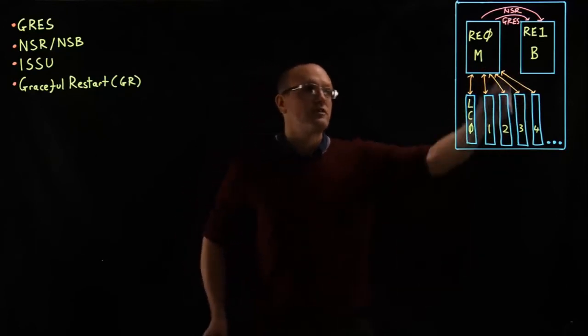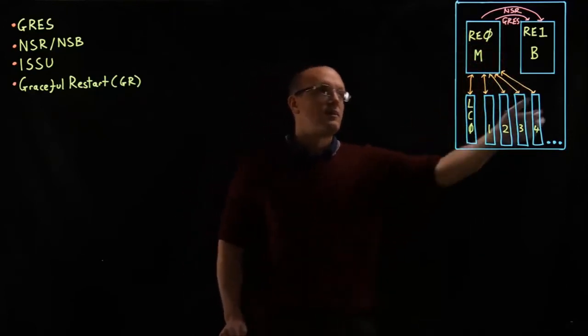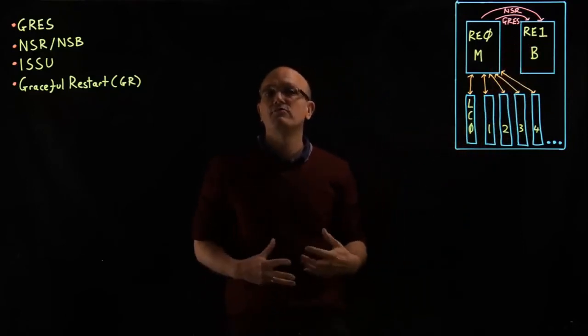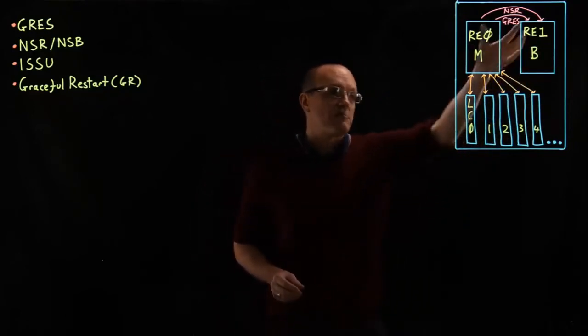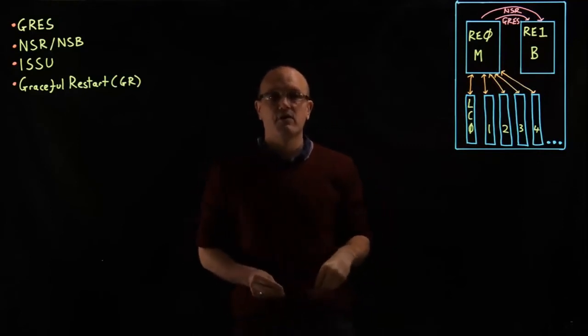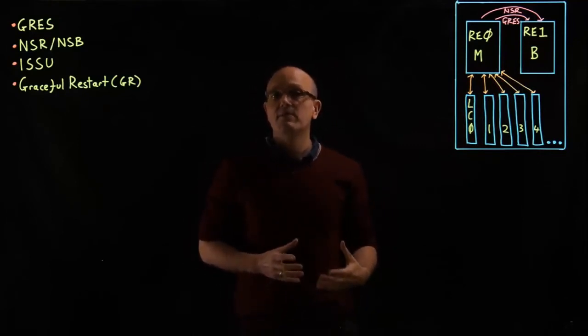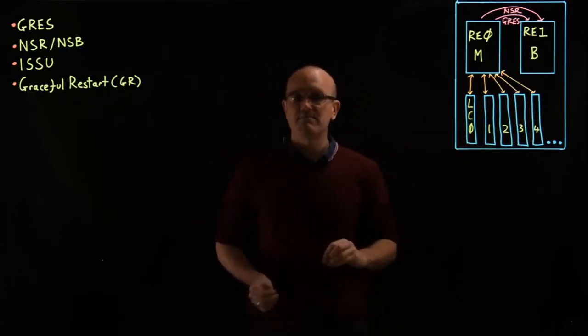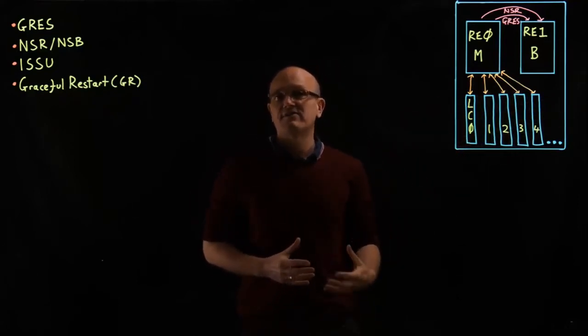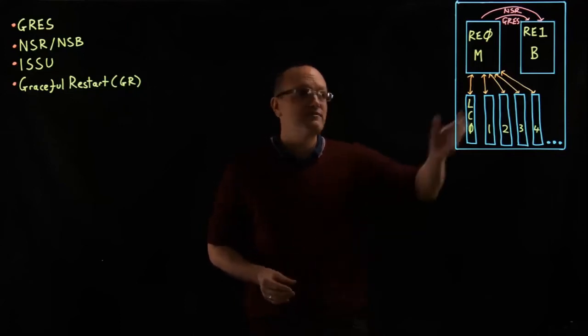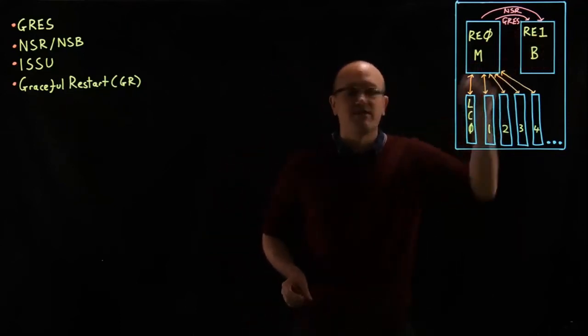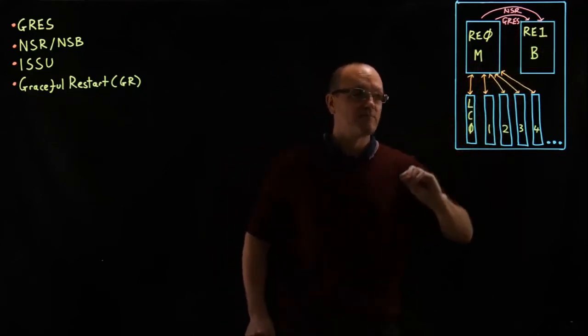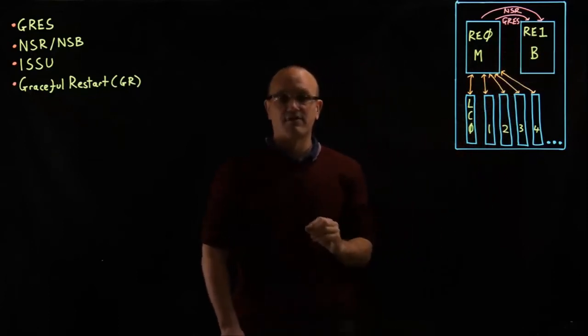And should the master routing engine fail, the backup routing engine assumes mastership and then starts programming the line cards. Now, what happens when this occurs is that the line cards reboot, and they do this to clear their state before reforming adjacencies with the new master routing engine. Then they have all the new state programmed to them.